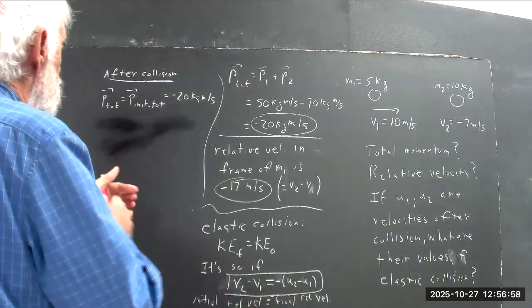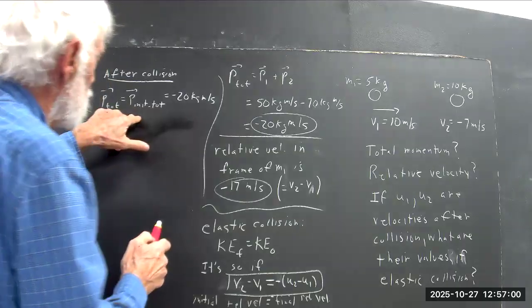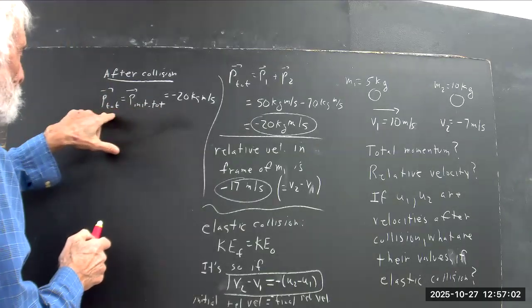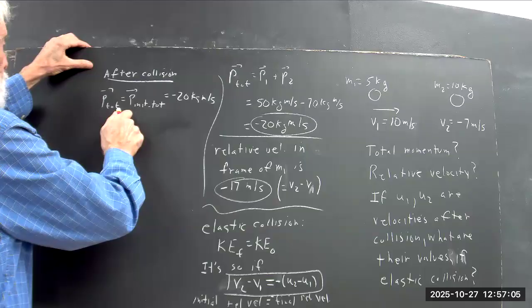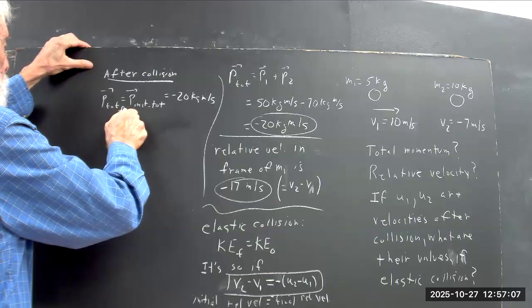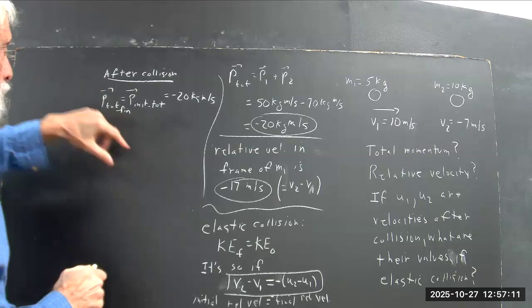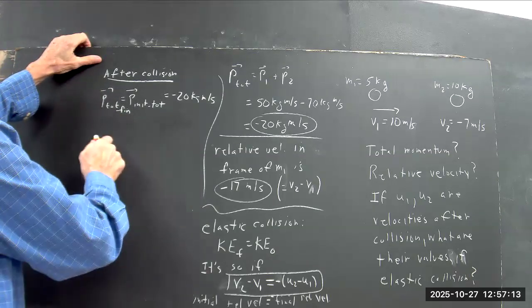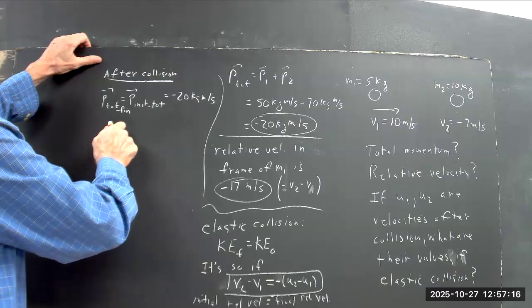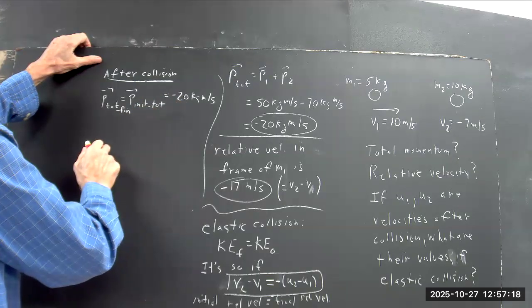Take a second. The total momentum, that stands for final total momentum, is negative 20 kilogram meters per second.